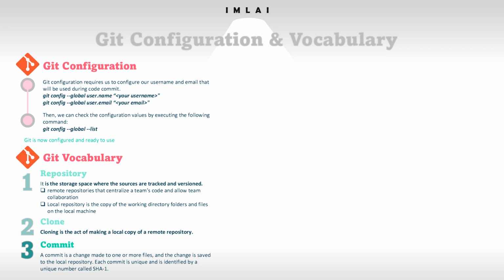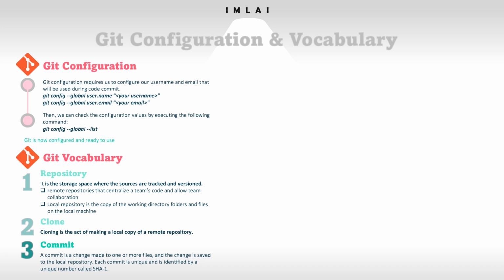Each commit is unique and is identified by a unique number called SHA, and then hyphen, and then different numbers like that. So each change allows us to work in isolation without affecting the master branch, without affecting anything. So this is how we commit the code.